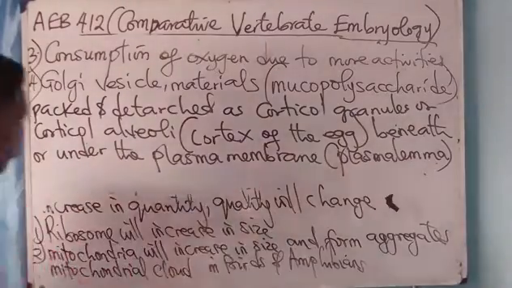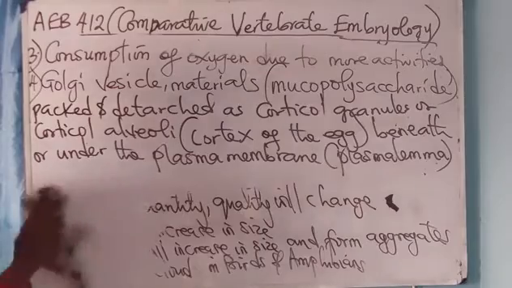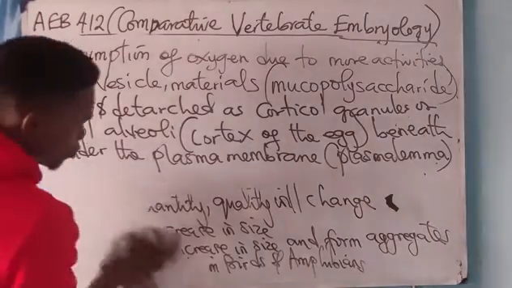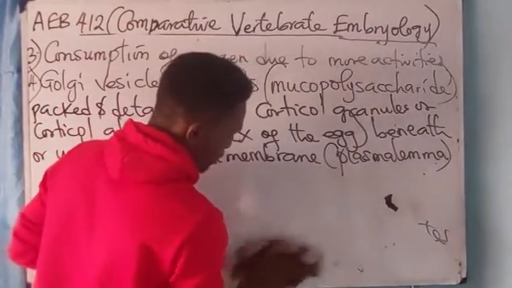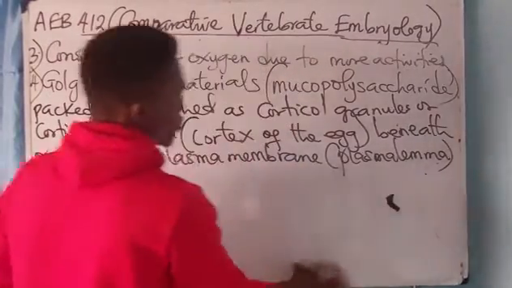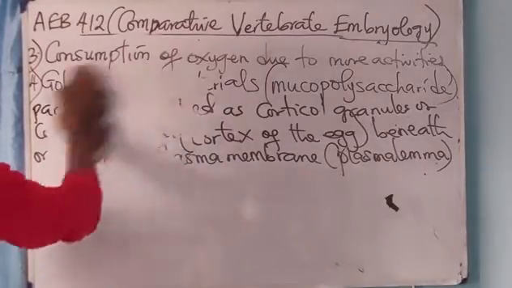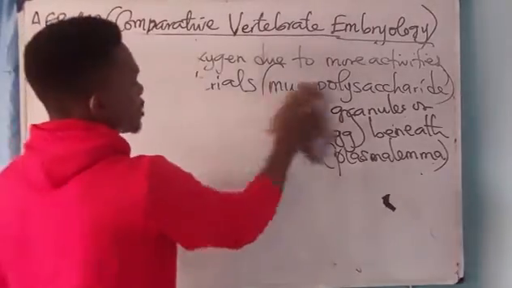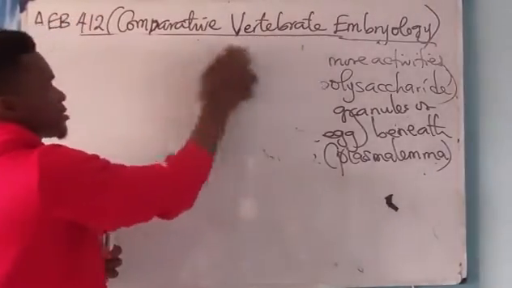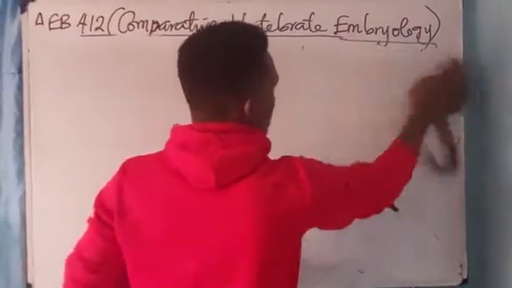So I believe this is the second stage. The nutritive part of the egg is called yolk. It provides nourishment, provides food materials for the egg. And the yolk is not a chemical substance. Take note, it is not made up of chemical entities.